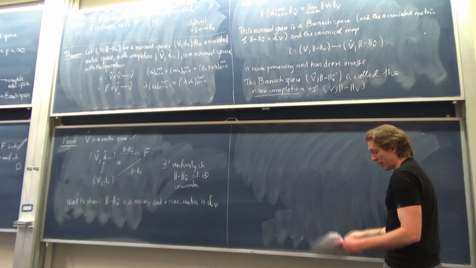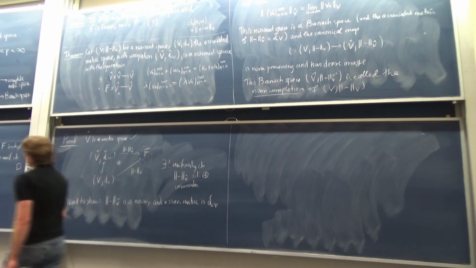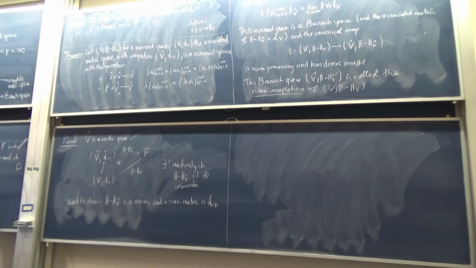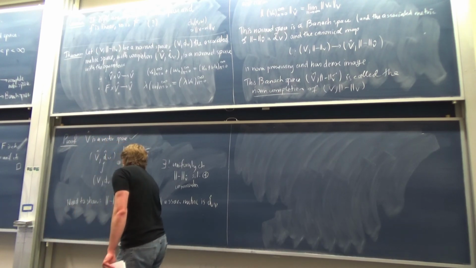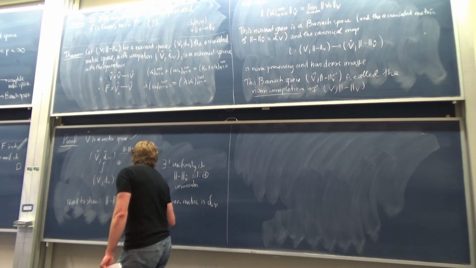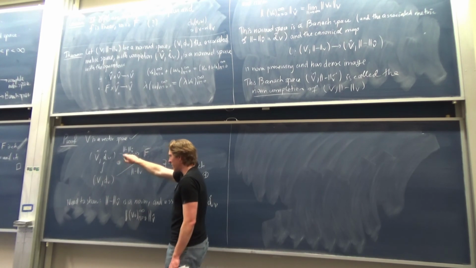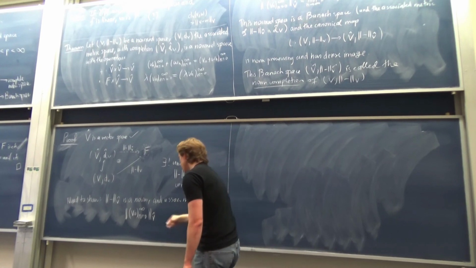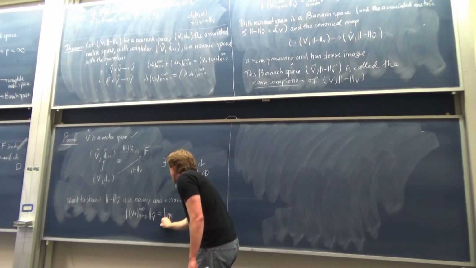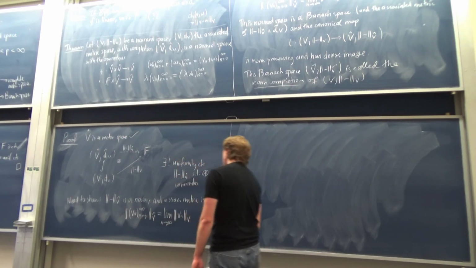Okay, so that's what we're going to check, that it's a norm. Well, what is the formula for it? That came out here, right? Since it's continuous, it sends limits to limits. So it must be the case that, I mean, I knew what the formula had to be, but this way allowed me to just escape having to prove it was continuous. All right, so this has to be the limit as n goes to infinity of the norms of all the V_n's.